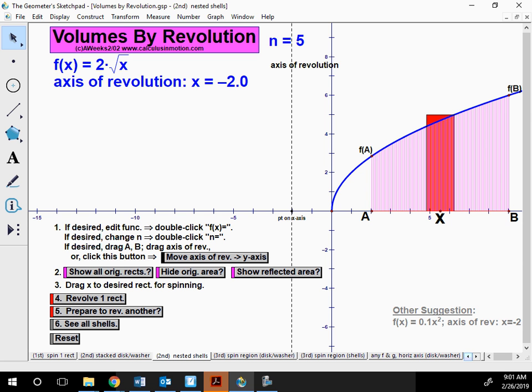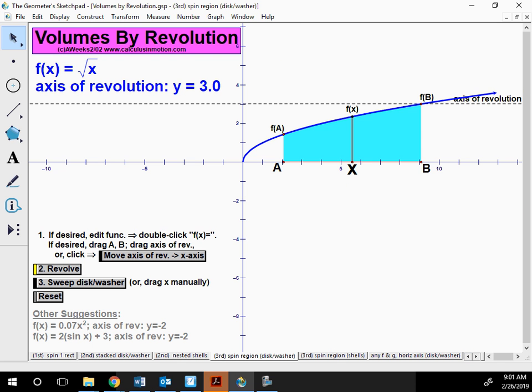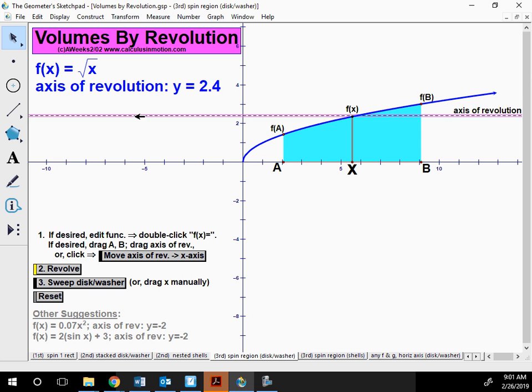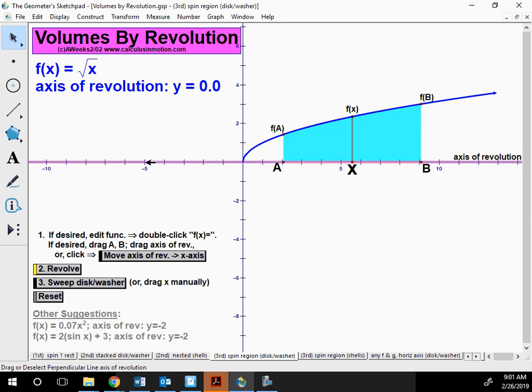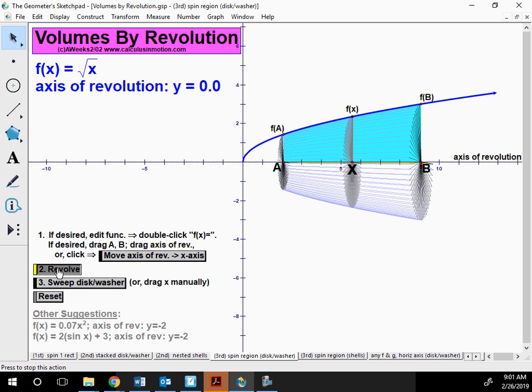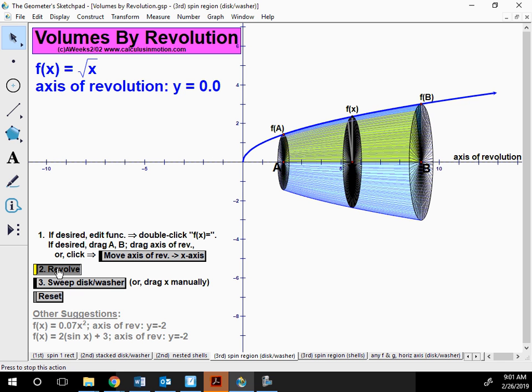So what we're focusing on today are these ones here. It's not always going to be revolved around your x-axis. It might be that your region is up higher and it gets revolved around something higher, but we're dealing with today where we don't have a gap. It's that solid shape, no gap. So that's what you see happening in your notes there.